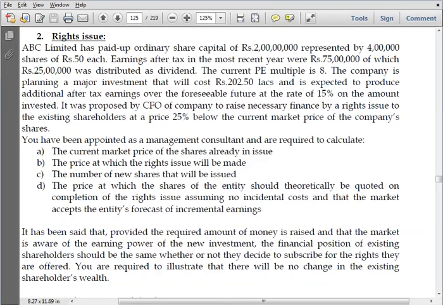Next point, NPV equals present value of inflow minus present value of outflow.